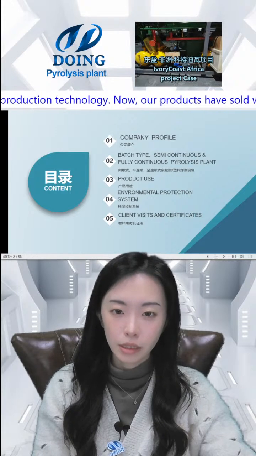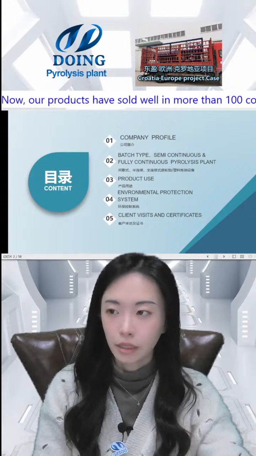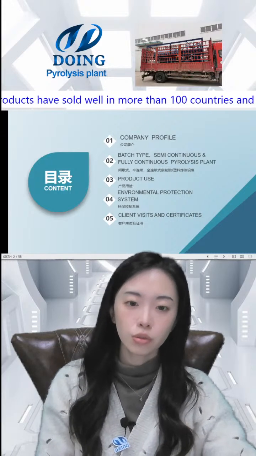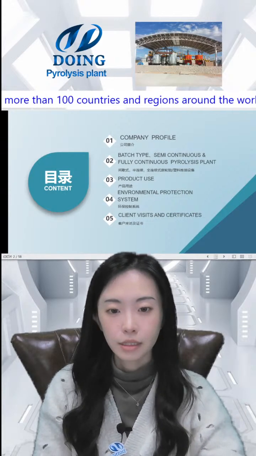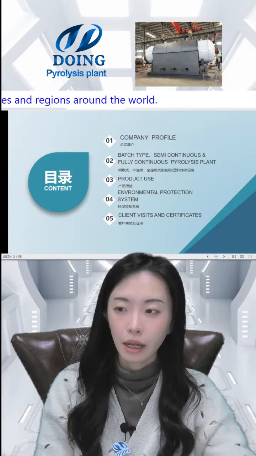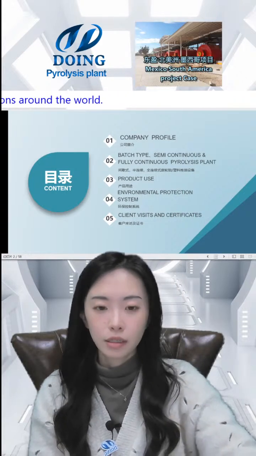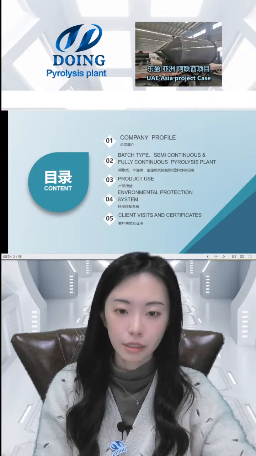And what are the products we get, their application, and how to control the pollution. Is it environmentally friendly? We will also introduce that. And the last is some certificates that we have in different continents, different regions.